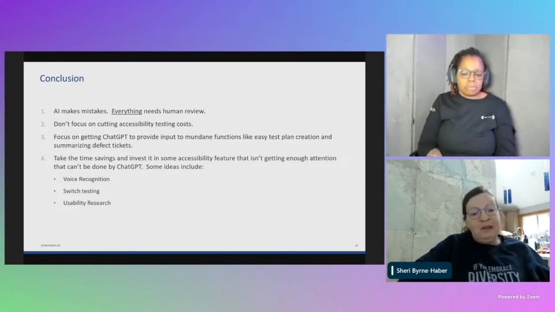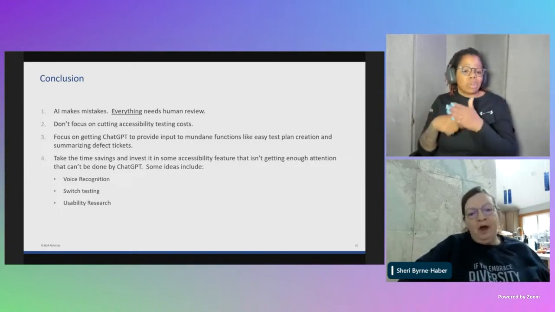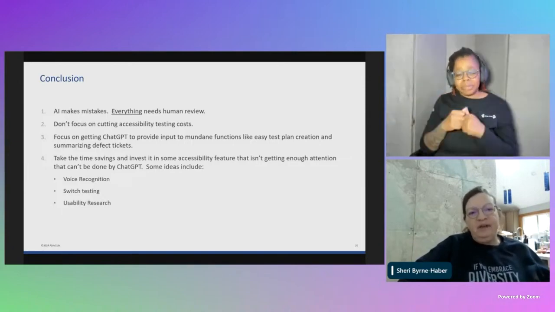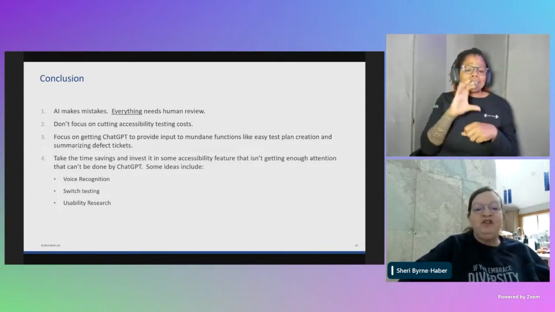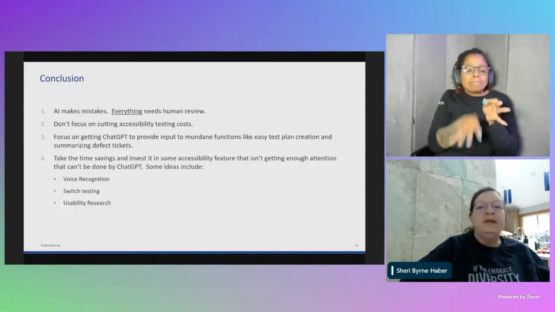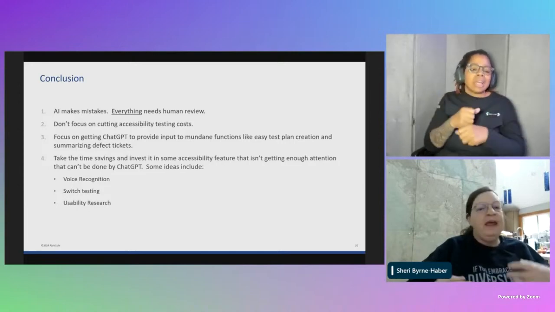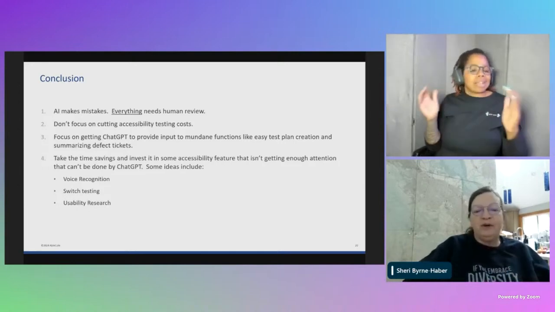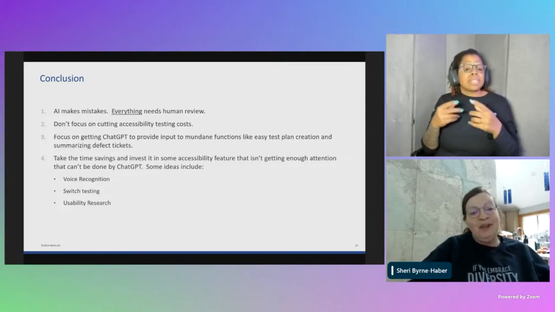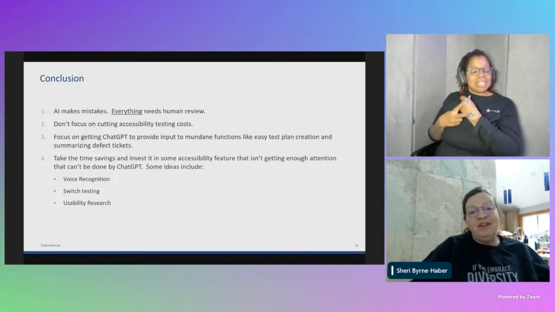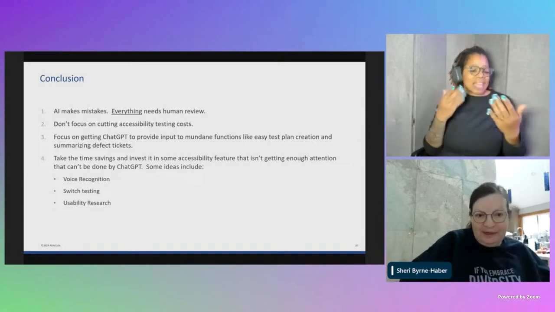A lot of companies may be looking at ChatGPT as a way of cutting accessibility costs. My thought about this is don't focus on cutting accessibility costs. Focus on getting ChatGPT to do super mundane things like creating easy test plans and summarizing defect tickets and comparing dialog box organization or table structure, for example. And then take that time savings and invest it into accessibility features that aren't getting enough attention, that can't be done by ChatGPT.